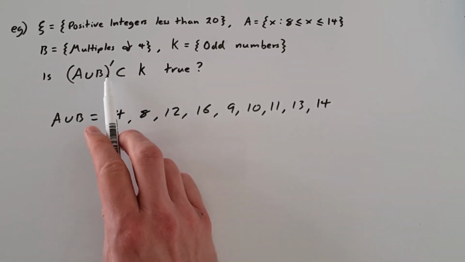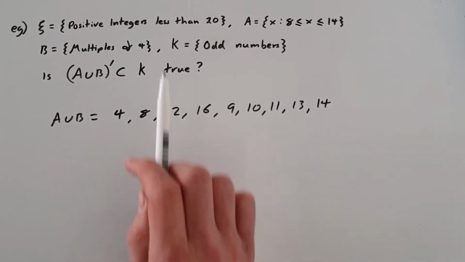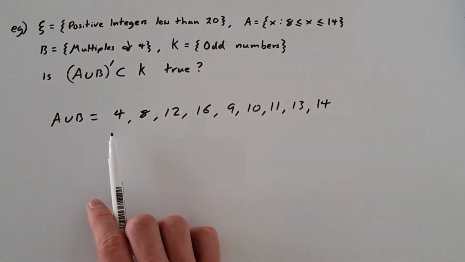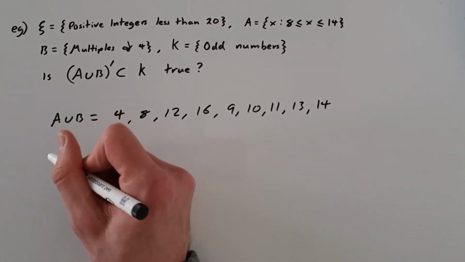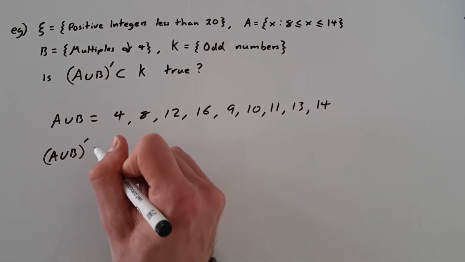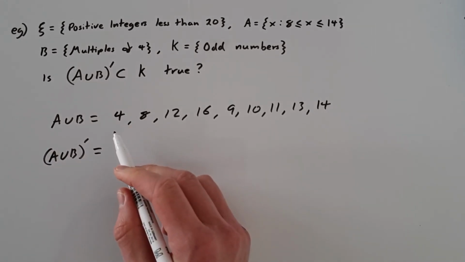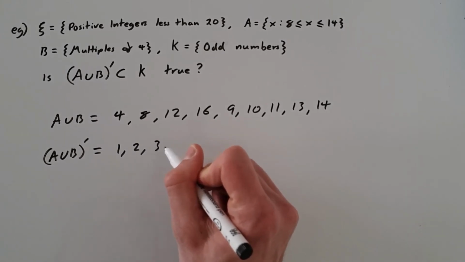But we want the complement of this. So this is all the numbers that make up our universal set at the top, which do not appear in the union of A and B. So the complement of this is all the numbers that are remaining. Okay, so we're going to have 1, 2, and 3.